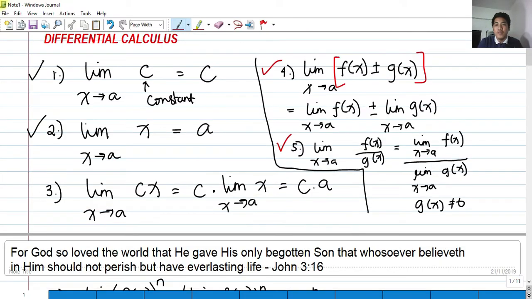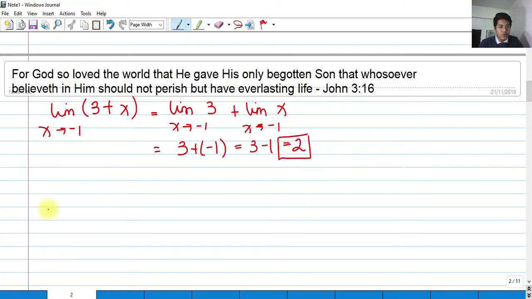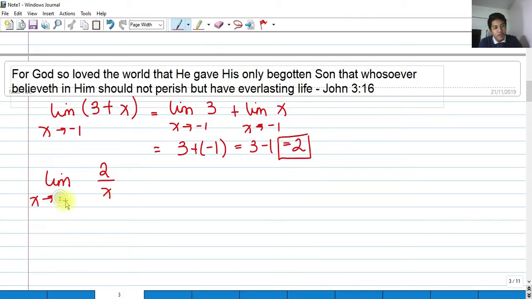So the rule is, if we are going to evaluate the limit of a quotient, we must avoid the denominator getting 0. To demonstrate that property, let me show you how to evaluate the limit of 2 over x as x approaches 4.